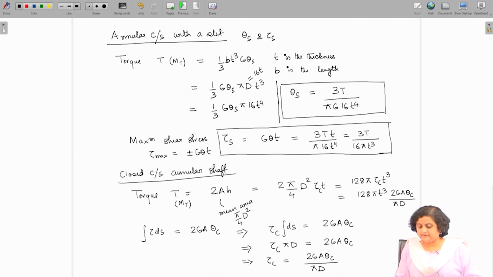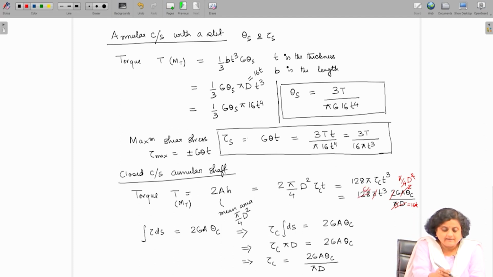So, let us do simplification. We can cancel out pi. In place of d, we can write this as 16t. In place of A, we can write this as pi by 4 d square. So, d cancels out, and this cancels out with this and becomes 64.